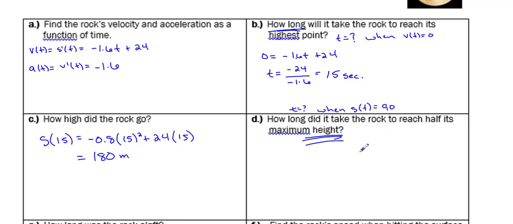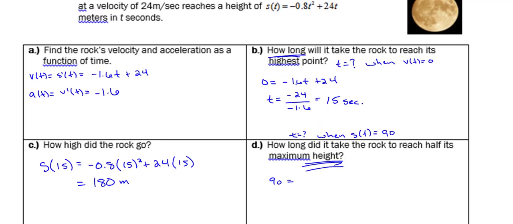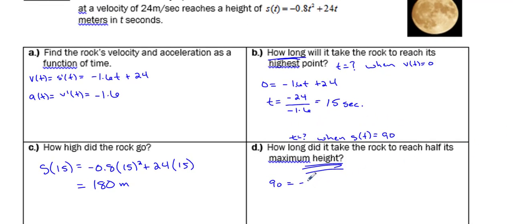Half its height is 90, right? So we want to know the time when S of t equals 90. All right, let's do it. 90 equals, we got negative 0.8 t squared plus 24t.